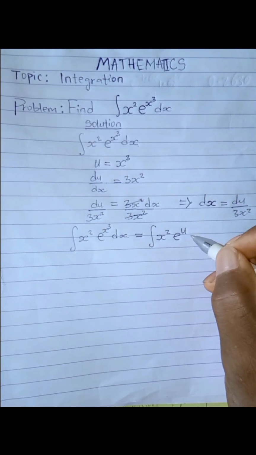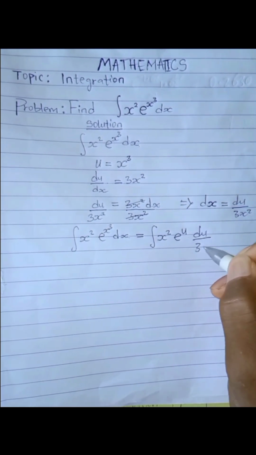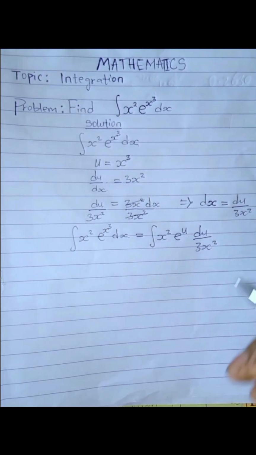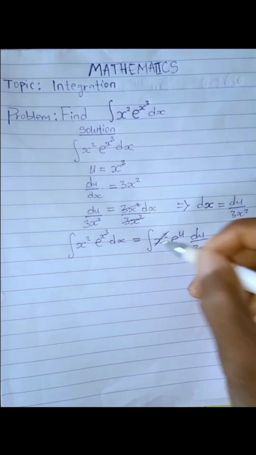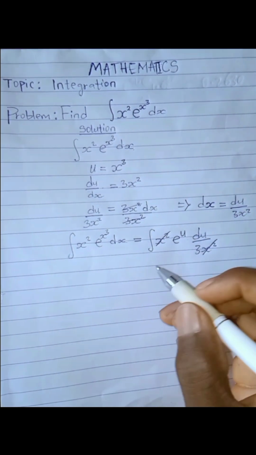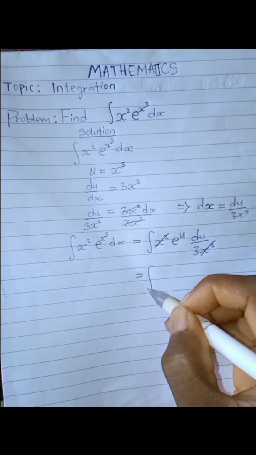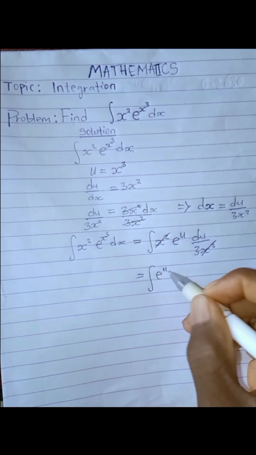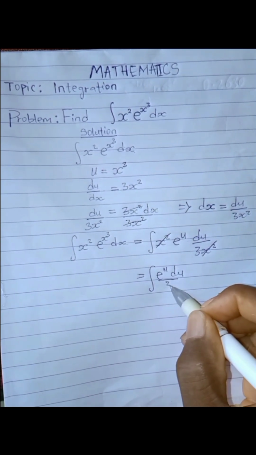And now instead of dx, we are going to put du over 3x squared. From here, it is clear that this will cancel this, leaving us with the integral of e raised to the power u du all over 3.